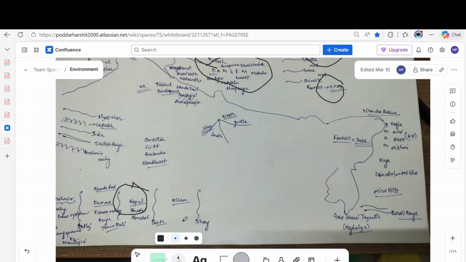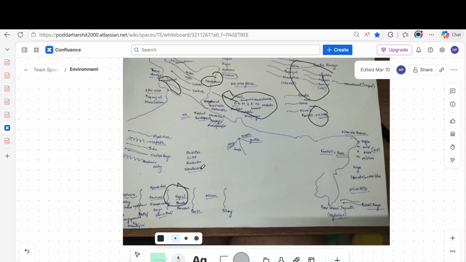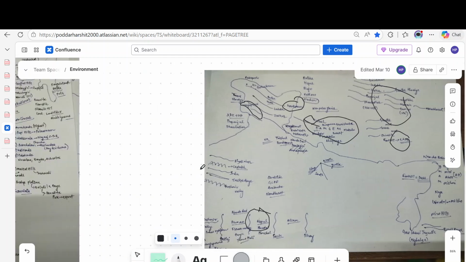In the Kumaon Himalaya, we have the Valley of Flowers, and we have the Kashmir Valley system. So this is, roughly, India's mountain system. I think we have covered most of it.